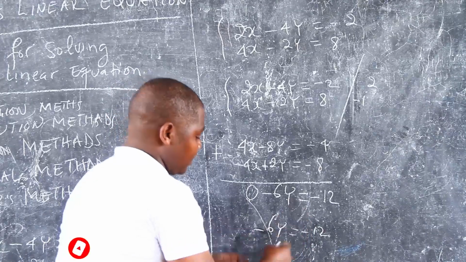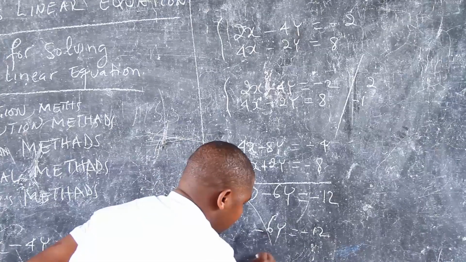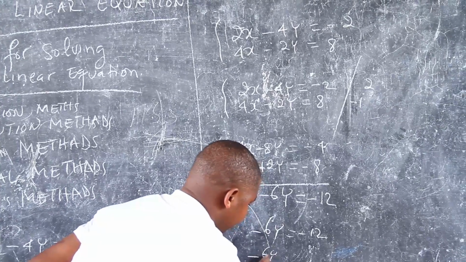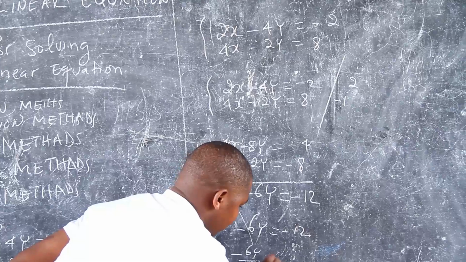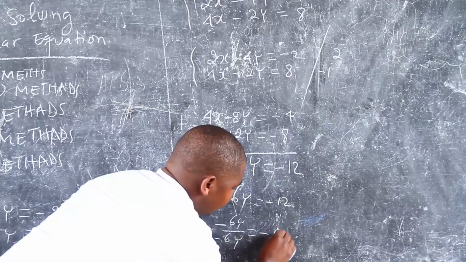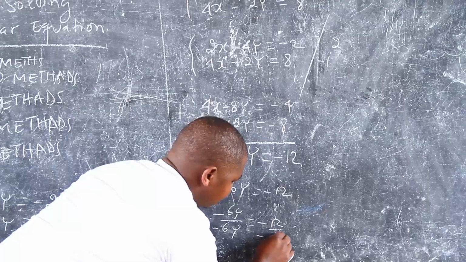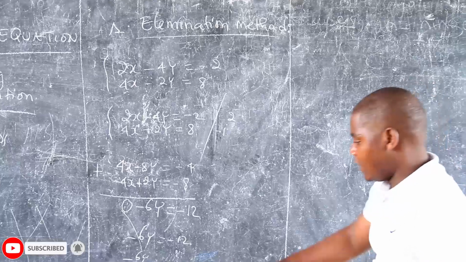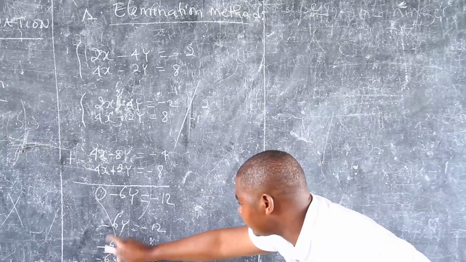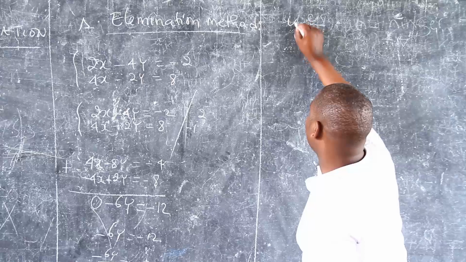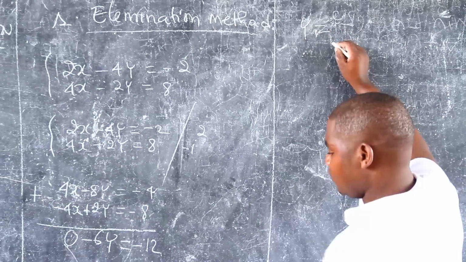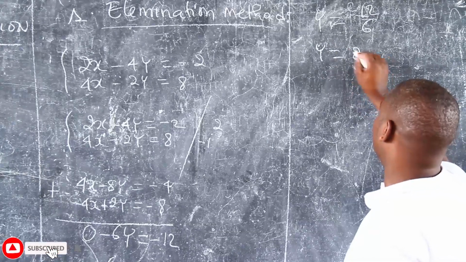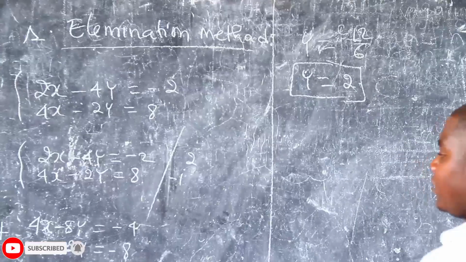Negative cancelling each other, I find -6y over -6 equal to -12 over -6. This means y equal to -12 over -6. The value of y is 2.